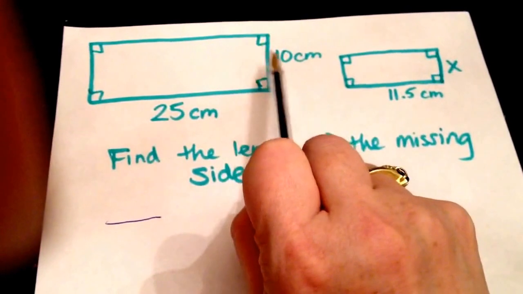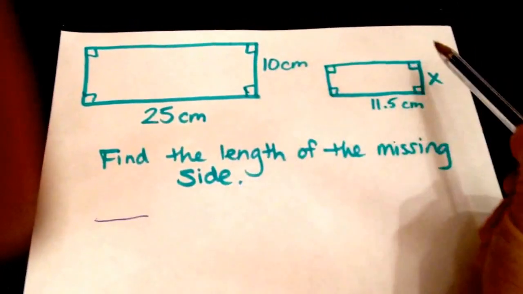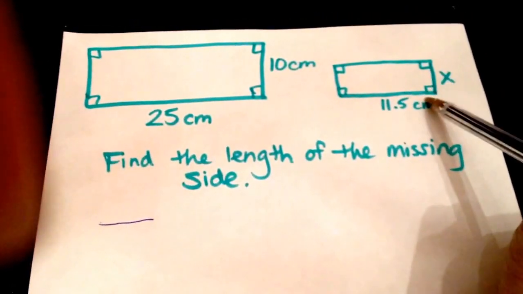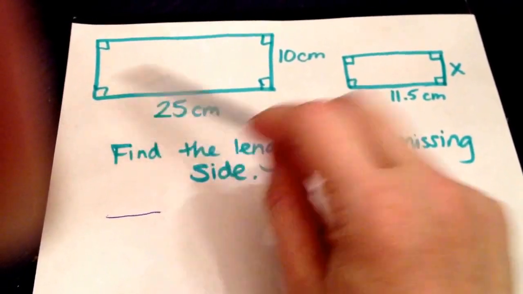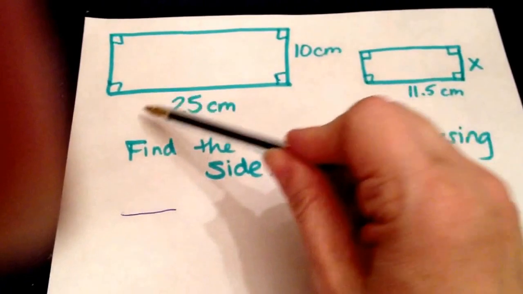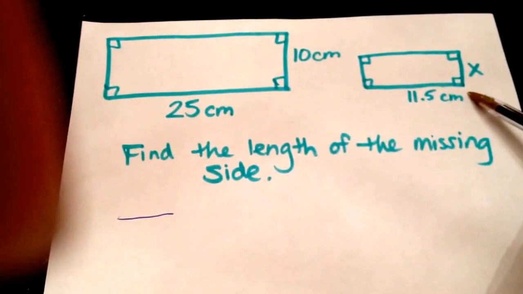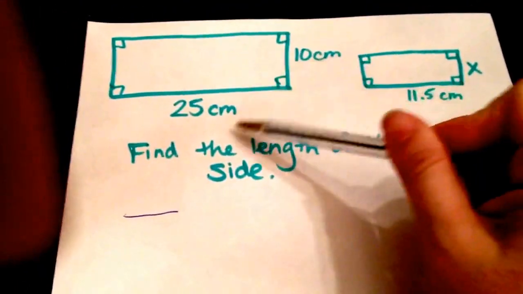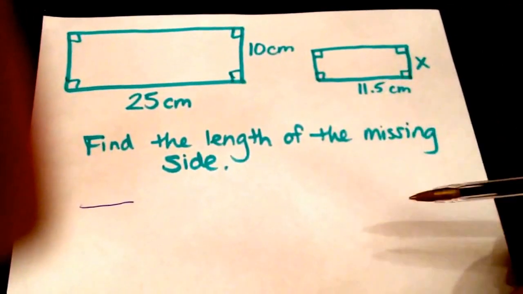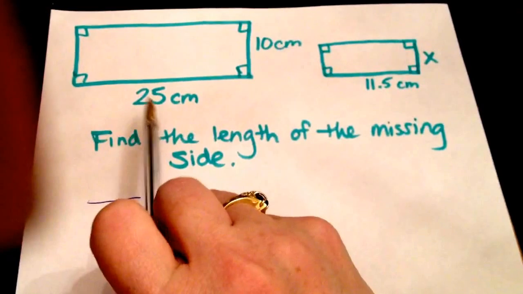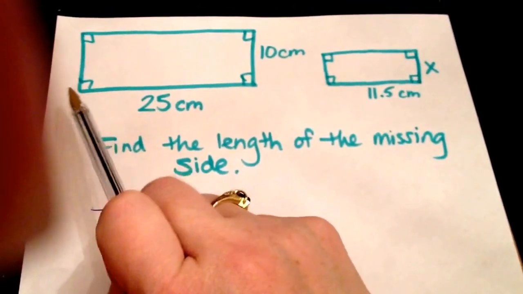Or we could compare one side of this rectangle to the corresponding side of this rectangle, that's 10 over x equals 25 over 11.5. As long as you're consistent, it doesn't matter, because you will still get cross products that are equal and we can still solve for the proportion.